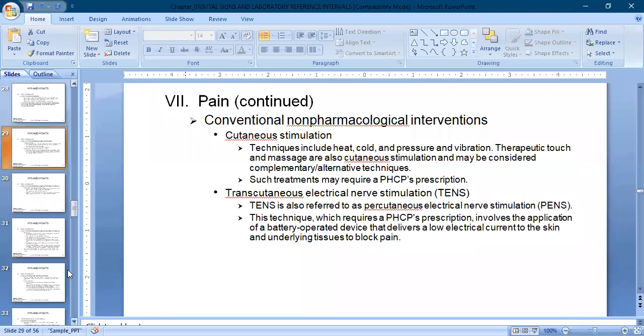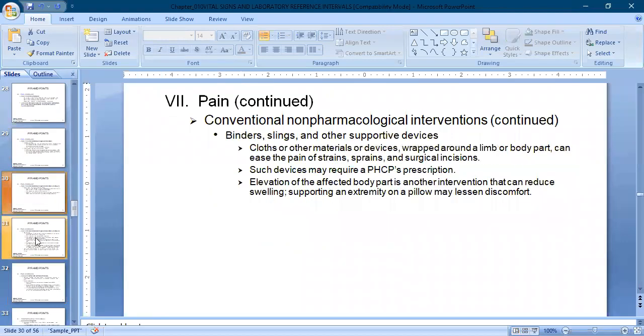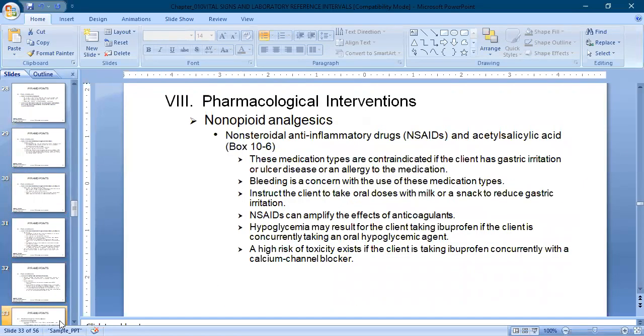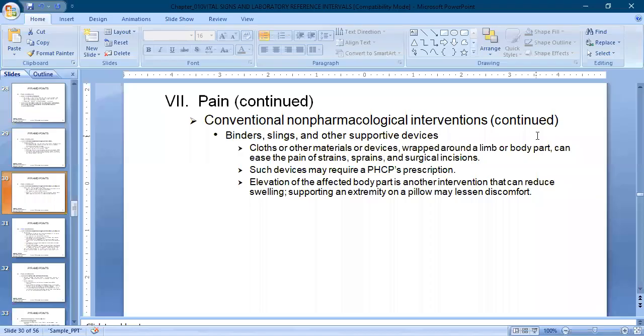And here we go, the pain management continuation, like any kind of device we may use as prescribed by the healthcare provider.